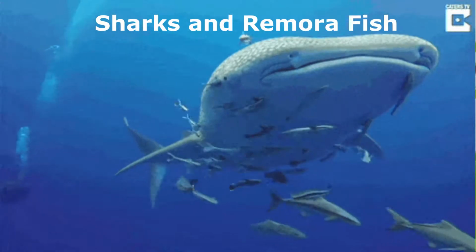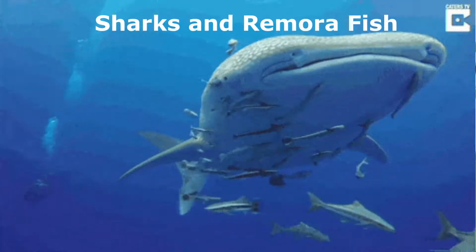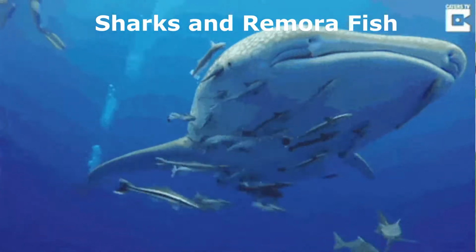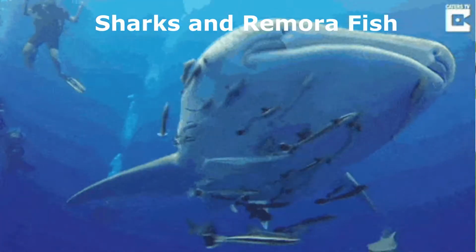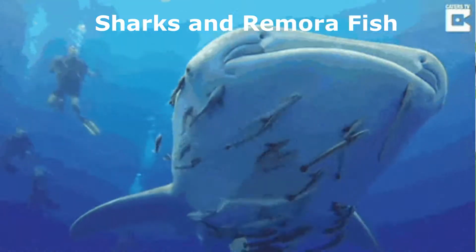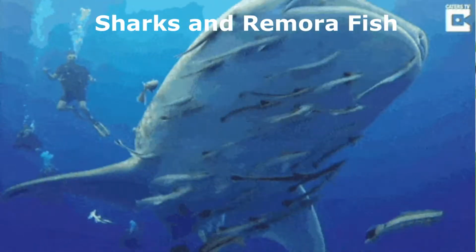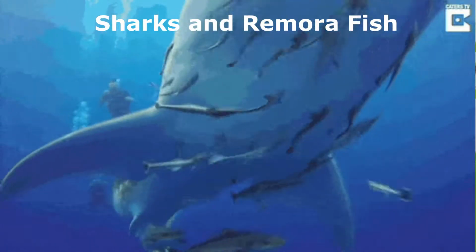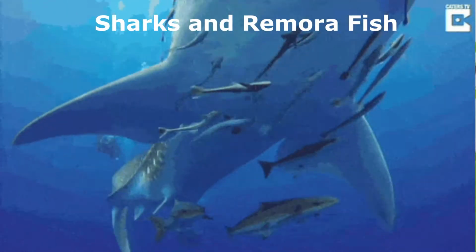Its specially designed suckers attach to the fins of the host animals and thus it benefits from transportation and protection from predators. It also feeds on the leftovers of sharks. The small size of the remora makes it less intrusive, and the shark barely feels its presence.